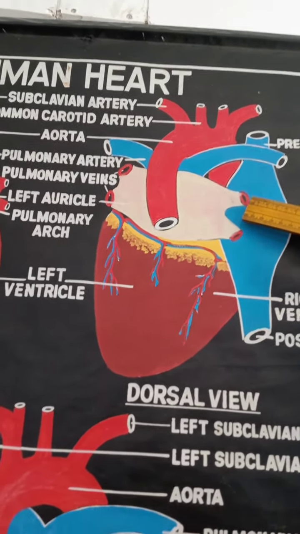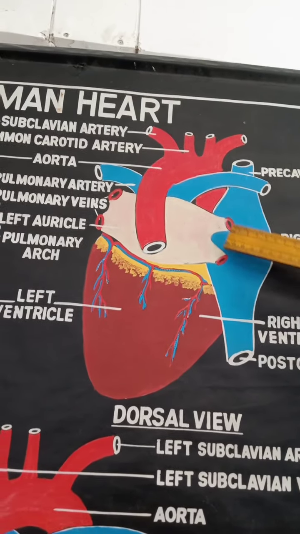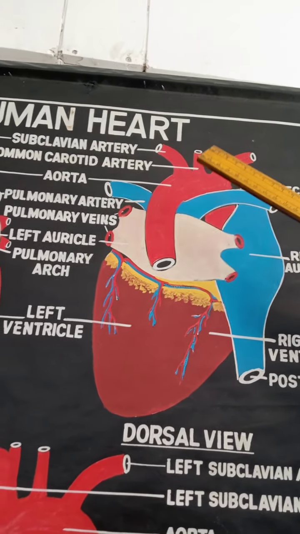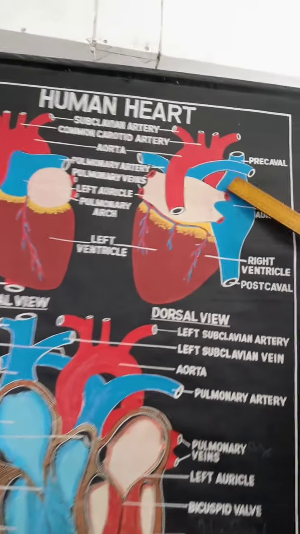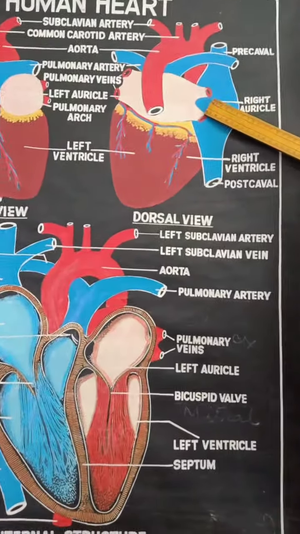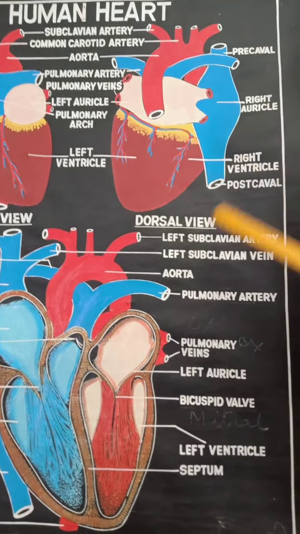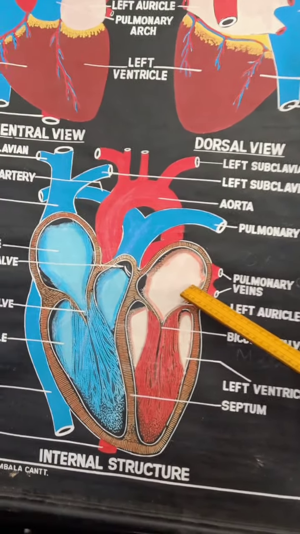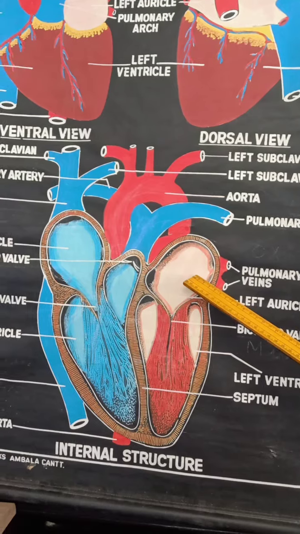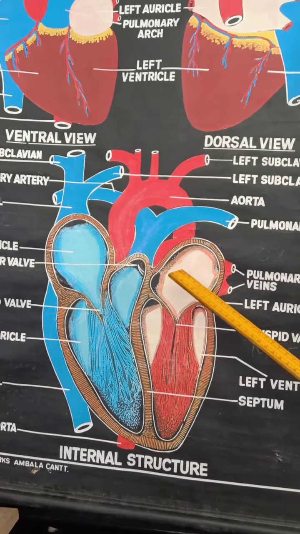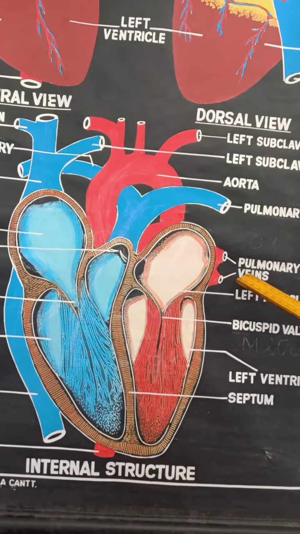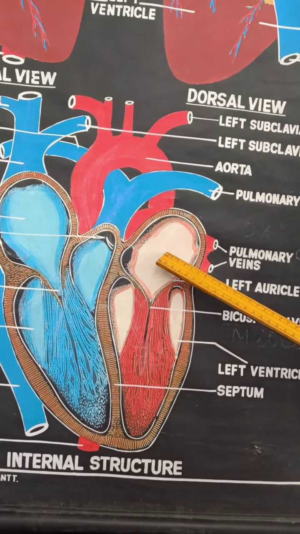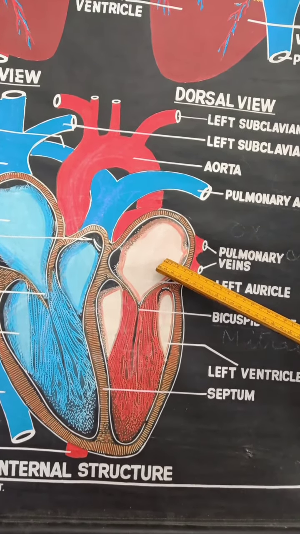One is coming from the left lung and the other is coming from the right lung. These pulmonary veins carry oxygenated blood and pour it into the left auricle.